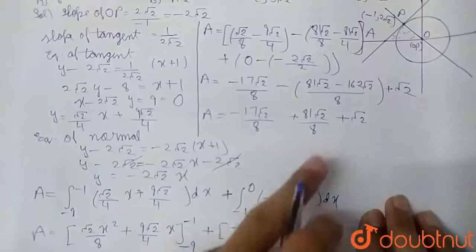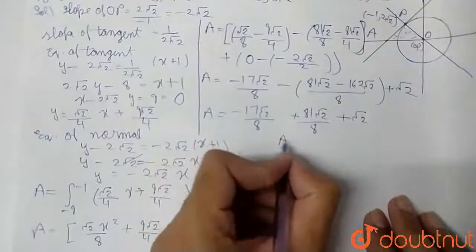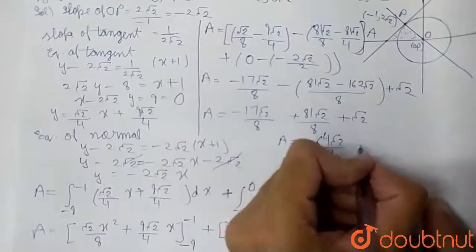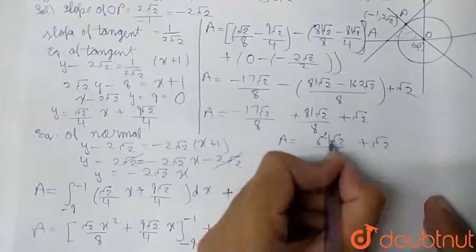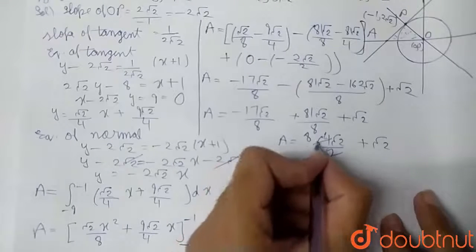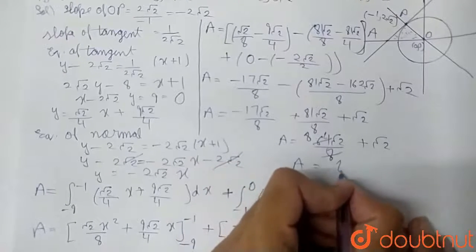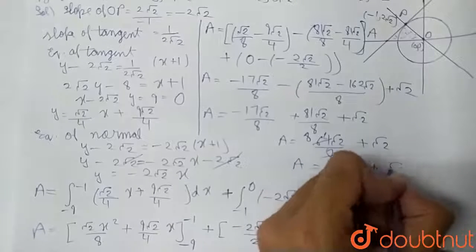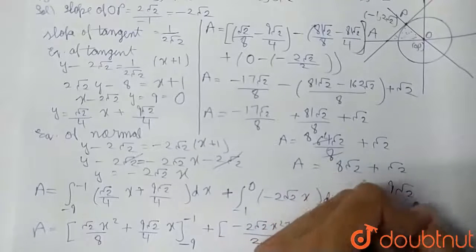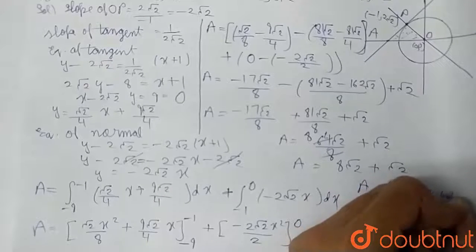So the area equals 64 root 2 by 8 plus root 2, which is 8 root 2 plus root 2, which equals 9 root 2. So our area is 9 root 2 square units.